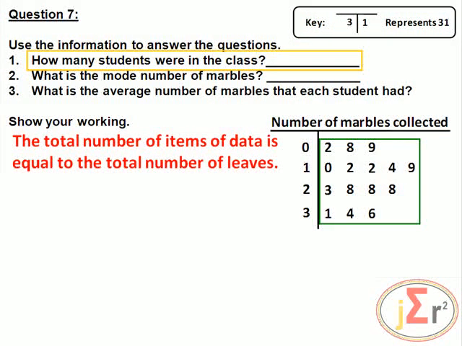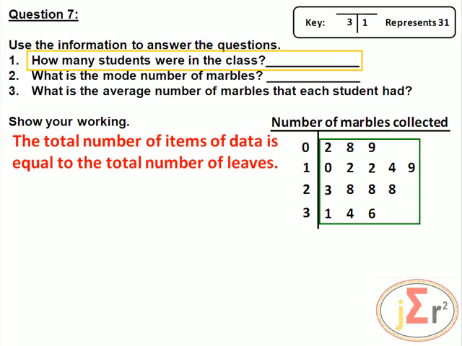How many students were in the class? We have quite a few other things to consider when manipulating and interpreting data in a stem and leaf diagram. But as it pertains to answering the question, we will answer the question and then see how everything else ties in very nicely.